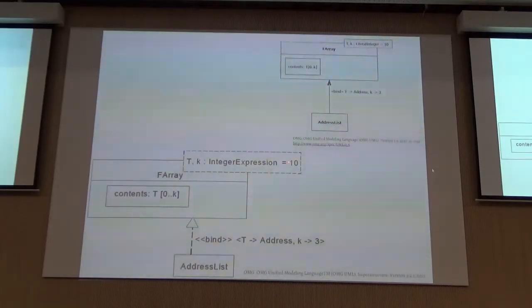The default value is 10 for this, and if we specify this array like this, then we can bind our type to be this address class. So this is a class somewhere in our system, and we want to have only k going at most to 3, which means holding up to 4 items of the class type. And by this we gain a specialized address list. This is an example from the UML specification, and even Enterprise Architect enables this.